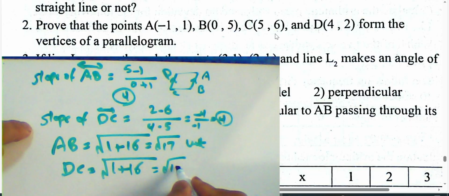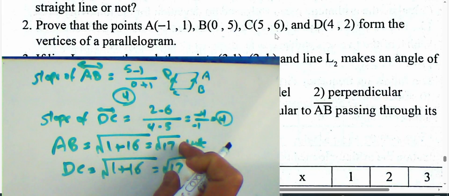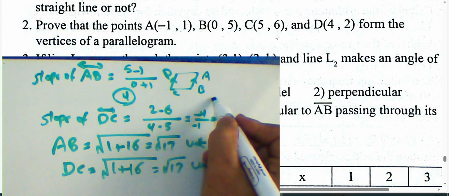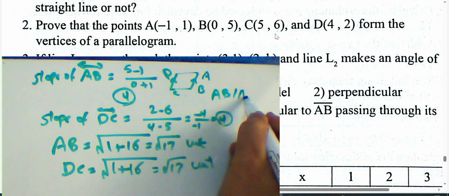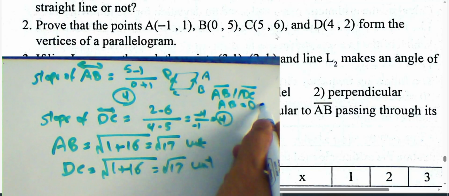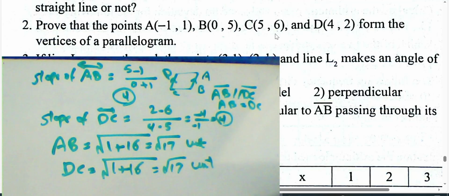The result is square root of 17 length units. Then the two lengths are equal and the sides are parallel. Then AB is parallel to DC and AB equals DC. Then A, B, C, D are the vertices of a parallelogram.